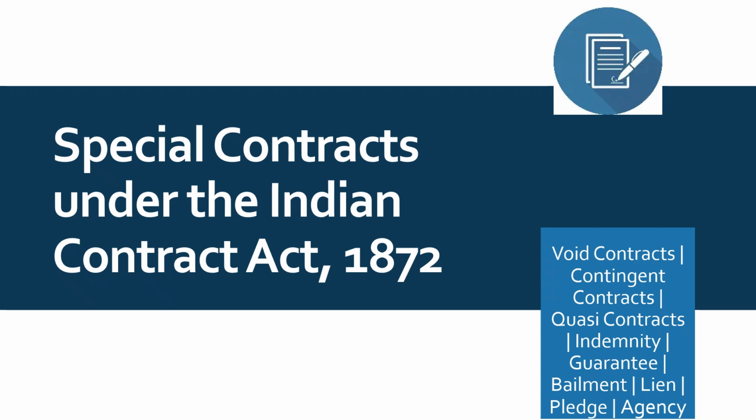These are extremely important not only for your exams but also for real life business, banking, insurance, and managerial applications. So let's begin Unit 2, Special Contracts, explained in the simplest and clearest way.